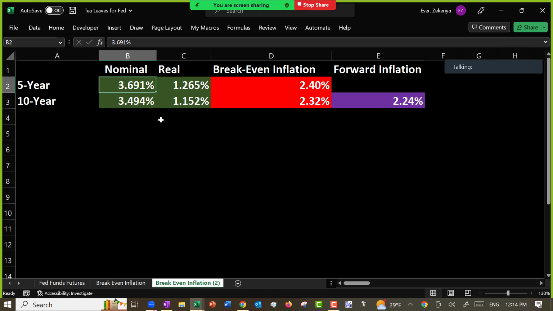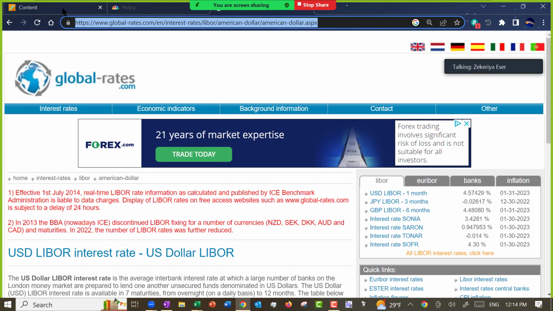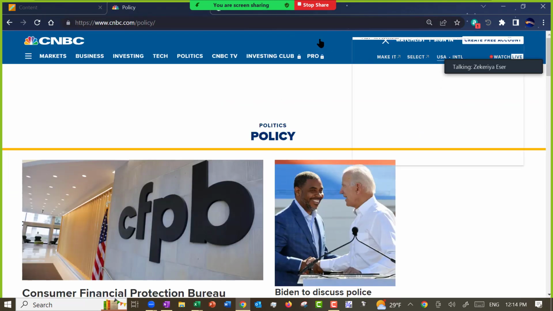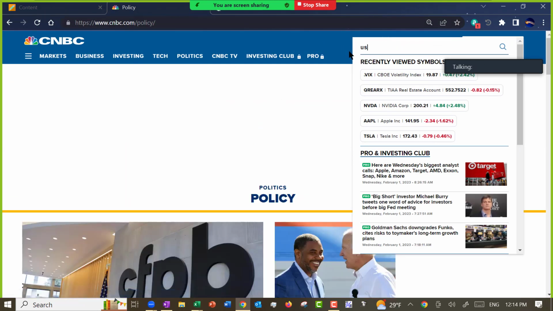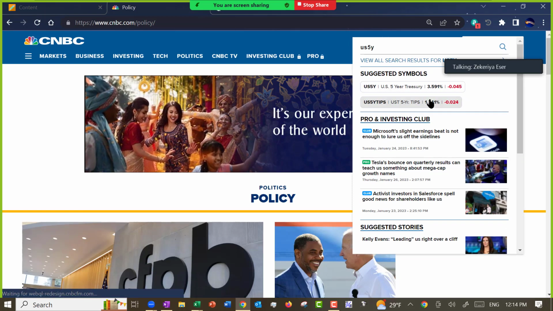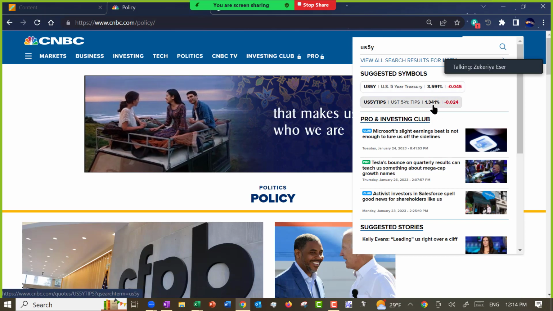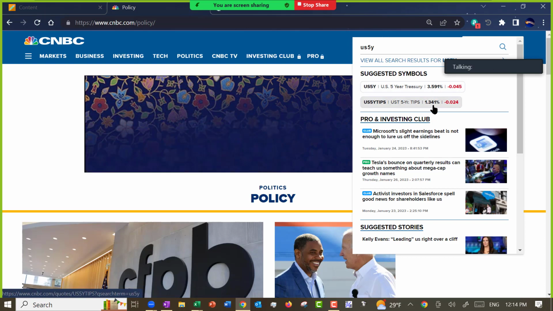So let's enter the nominal and real numbers for 5-year and 10 years. Well, let's see. I can quickly get this here. US 5 years. Currently 3.591 is nominal, and the real for the TIPS is 1.341.